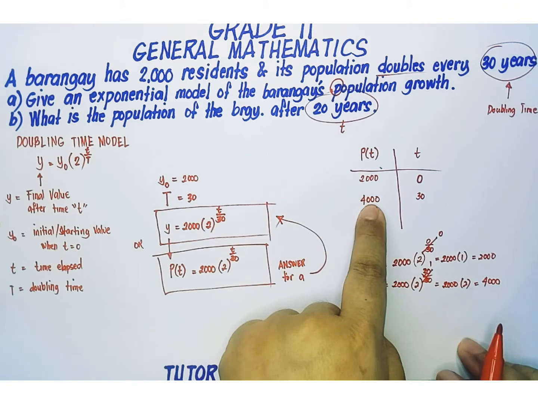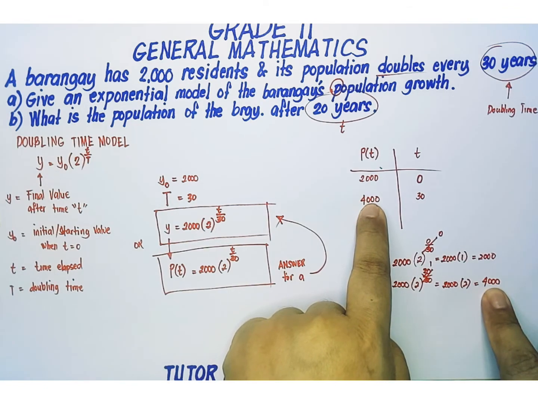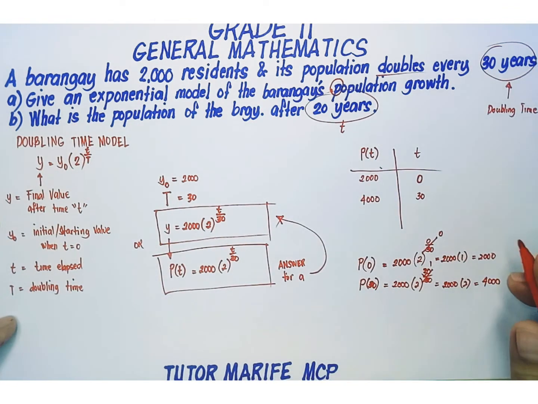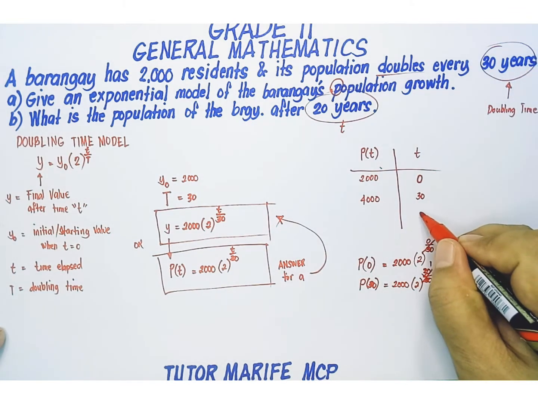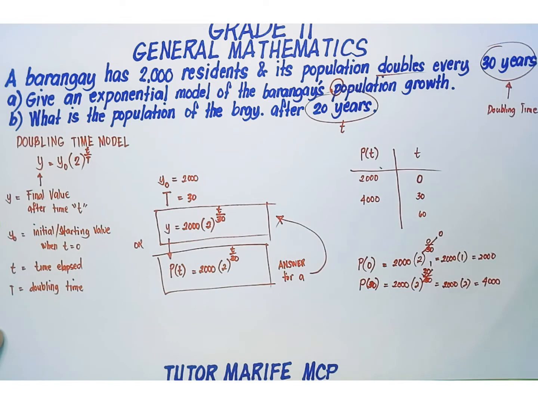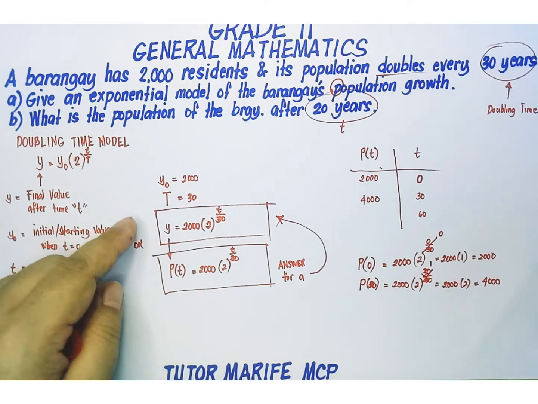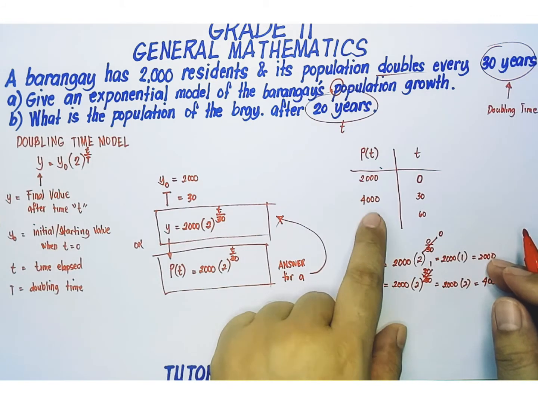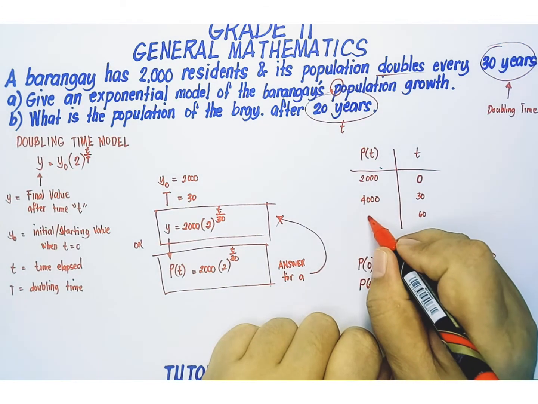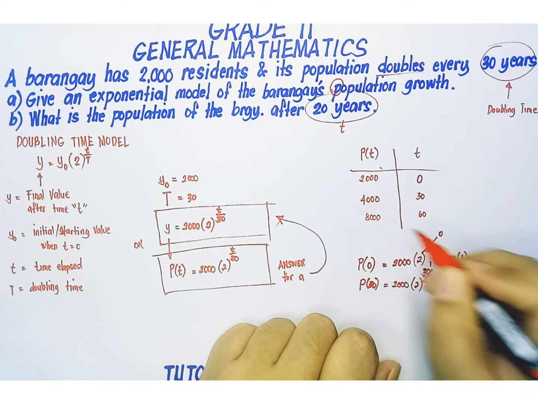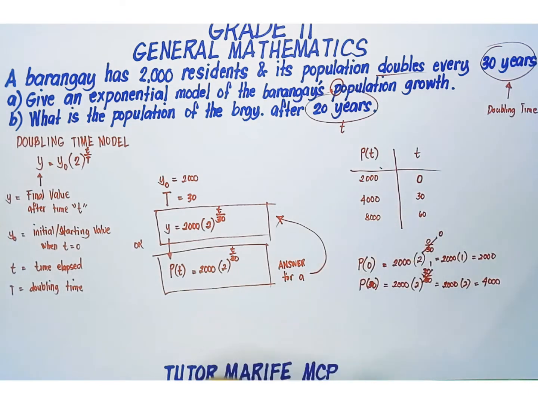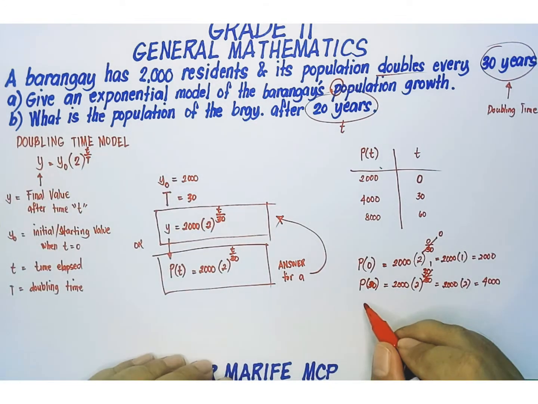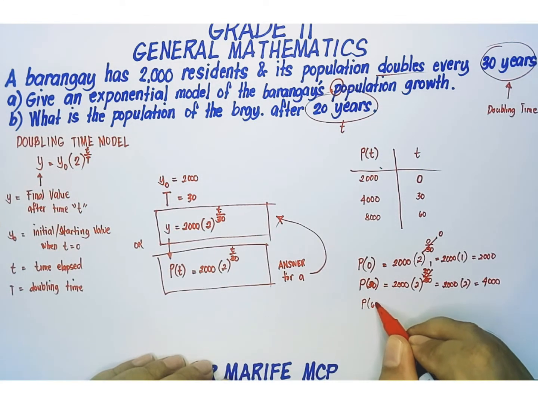O, diba? Consistent? Okay, isa pang try. Paglilipas ulit ang another 30 years, so that means 60 years na. Ano ang ini-expect mong population ng barangay? 4,000, madodoble, magiging 8,000 na. Let's validate our population model, our exponential model, when t is equal to 60.